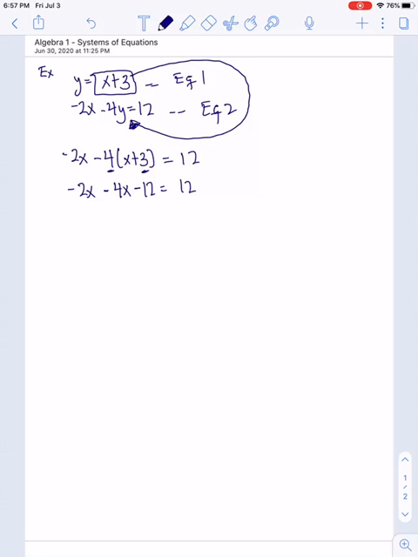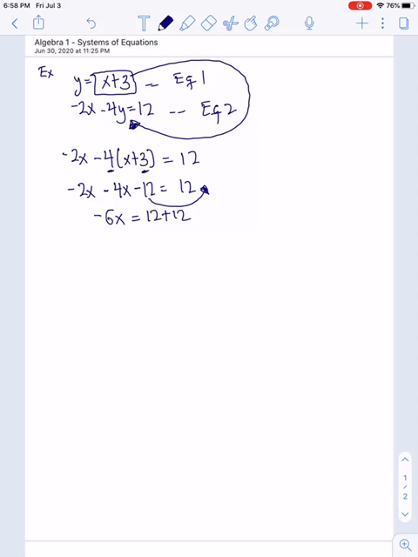Our like terms are a negative 2x and negative 4x, which will be a negative 6x. And now we're going to group the 12 and negative 12 on the other side of the equation. So it's going to be equals 12. When negative 12 crosses over to the other side of the equation, it's going to be the opposite sign. So in this situation, it's going to be plus 12.